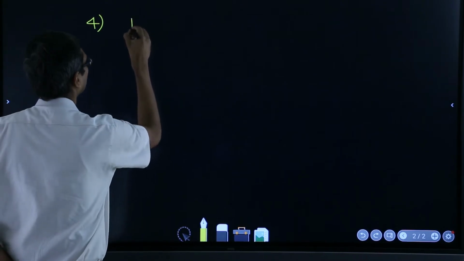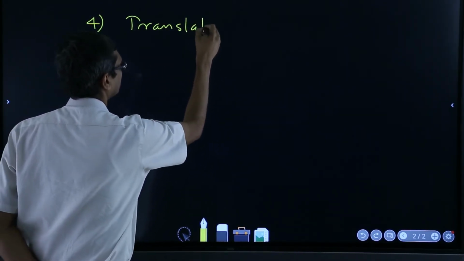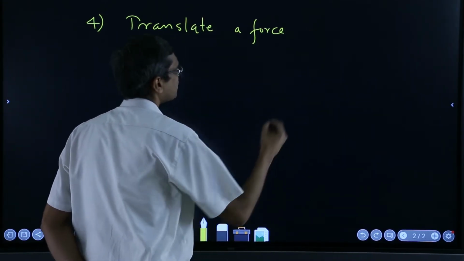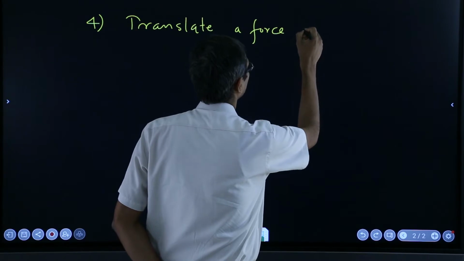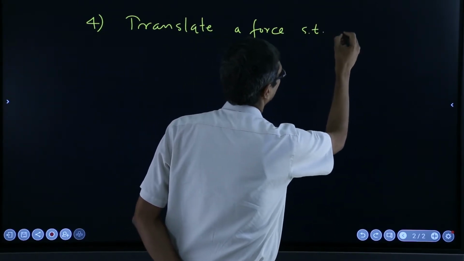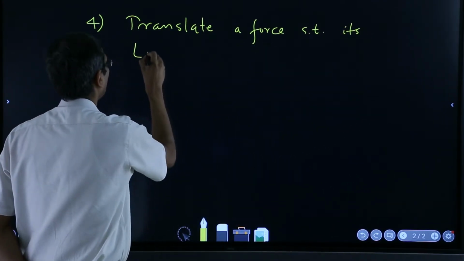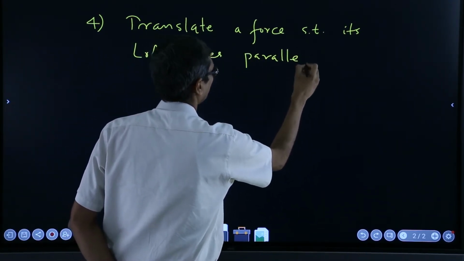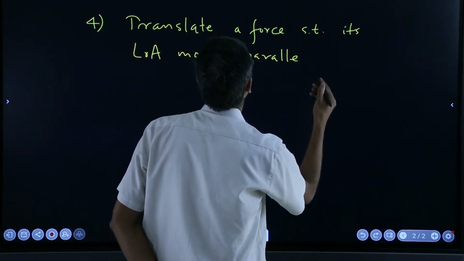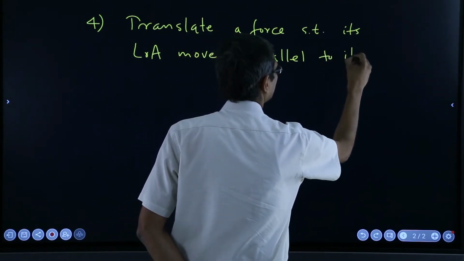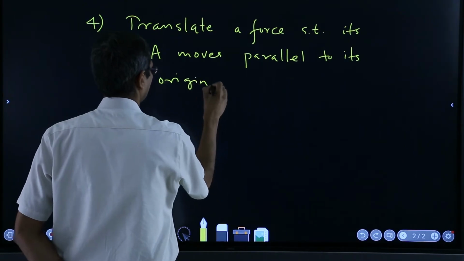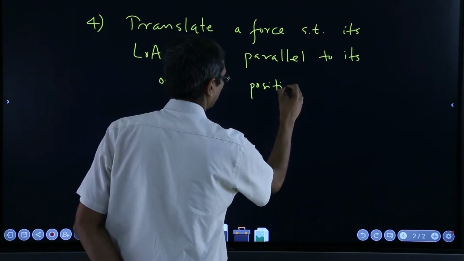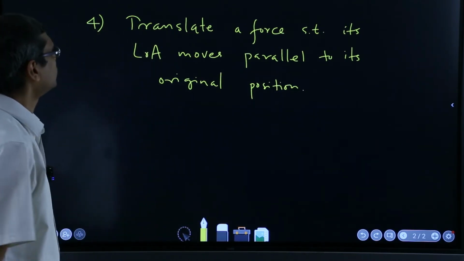Can you translate a force to a position such that its line of action moves parallel to its original position? So, translate a force.